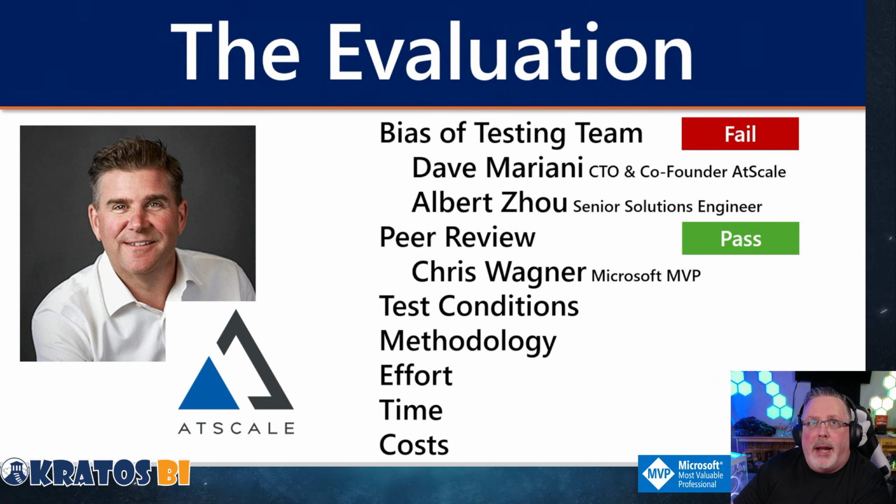Now, I'll be a little biased here. I'm going to say they passed because I had a peer review. They came in, they had me look at the stuff. We went back and forth a couple of times on what was working, what wasn't, and I provided some feedback on how they can improve their tests. So I'll really give them a pass on that side because, what else would you really look for, right?